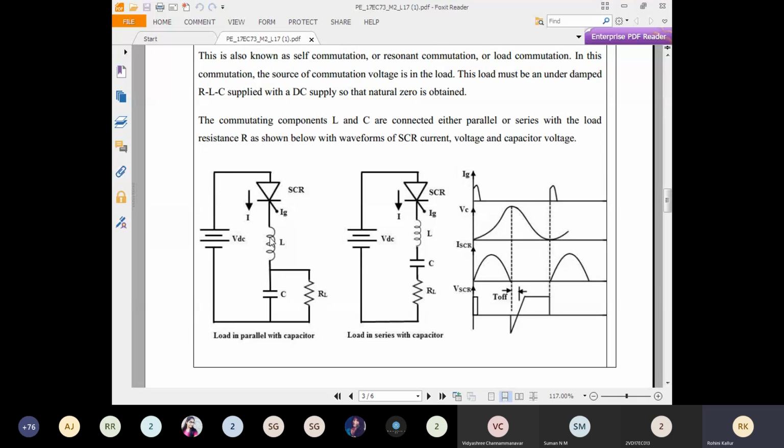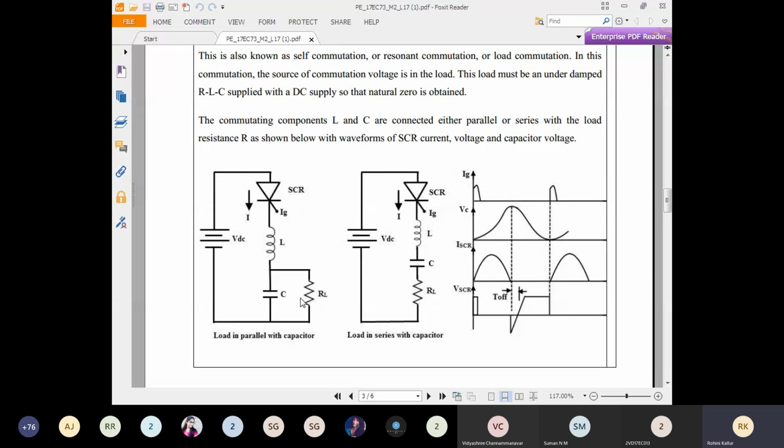I said the inductor will hold some amount of charge, VL equal to L into di by dt, and the capacitor will also hold some charge, which will be equal to C into dV by dt. That is the rate of change of voltage across the capacitor multiplied by the capacitance value.